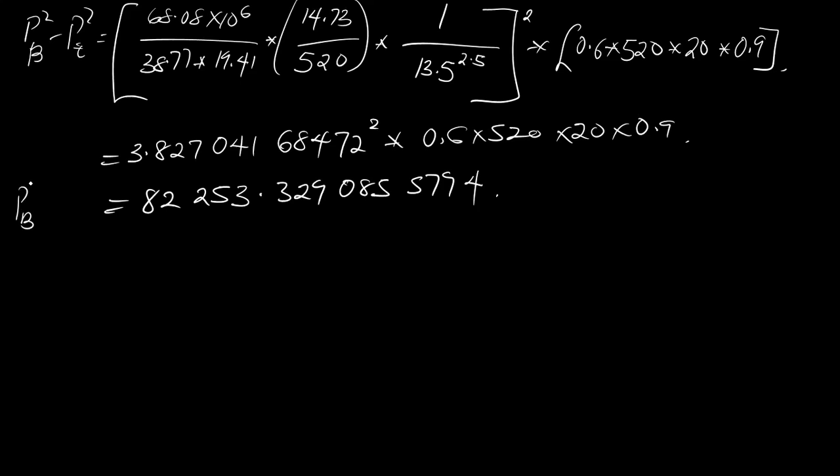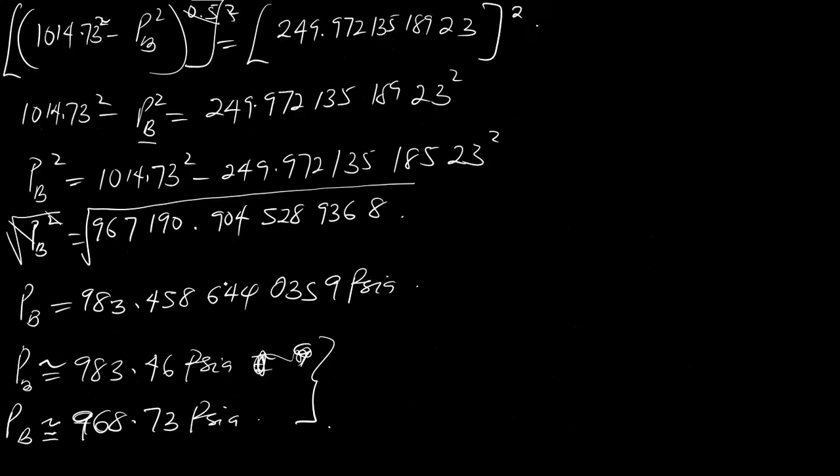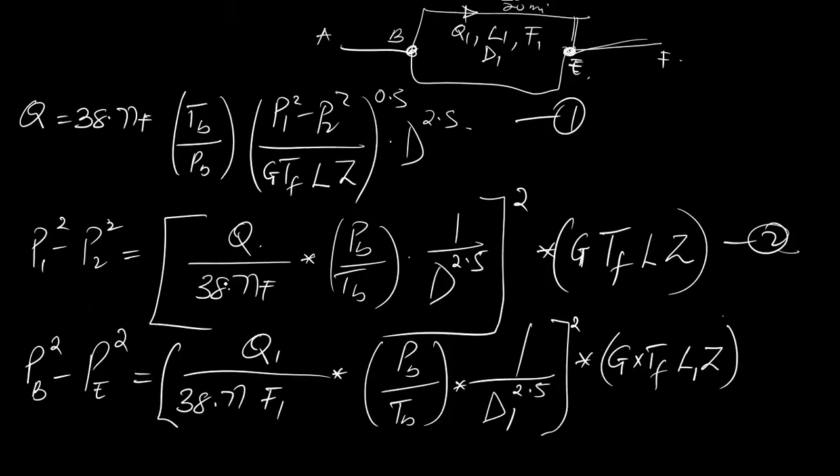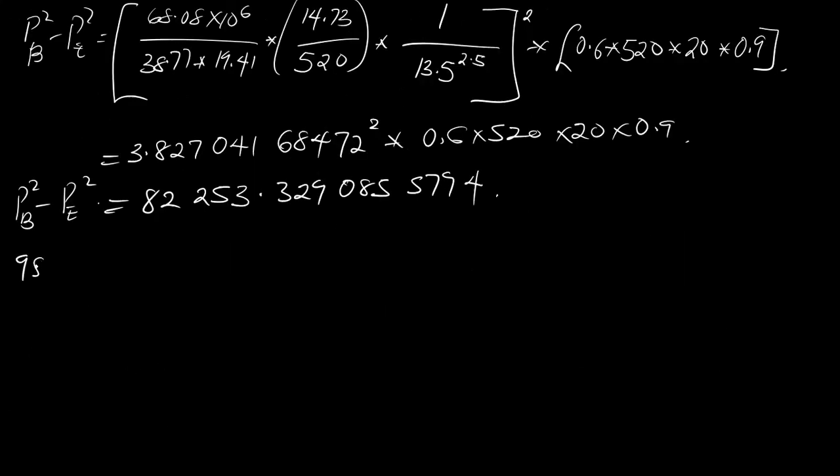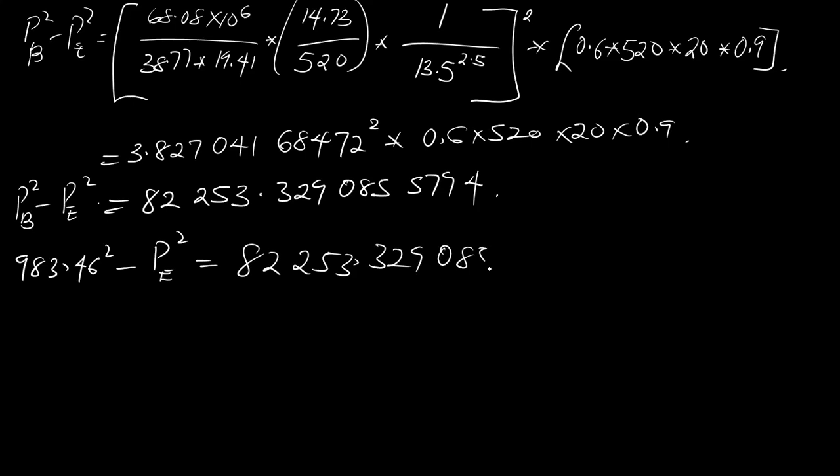So PB, pressure at B, minus pressure at E square. So now pressure at B is 983.46 square minus pressure at E square is equal to 82,253.329,085,794.